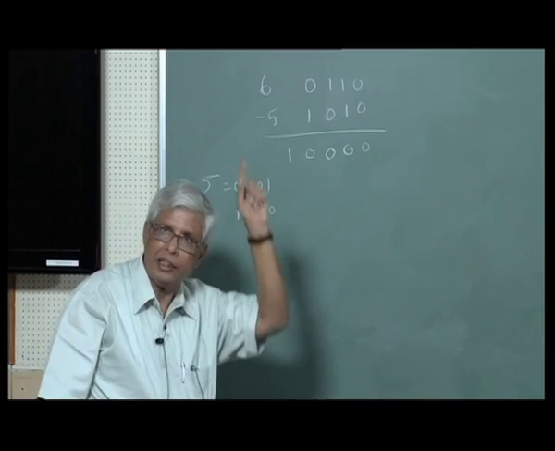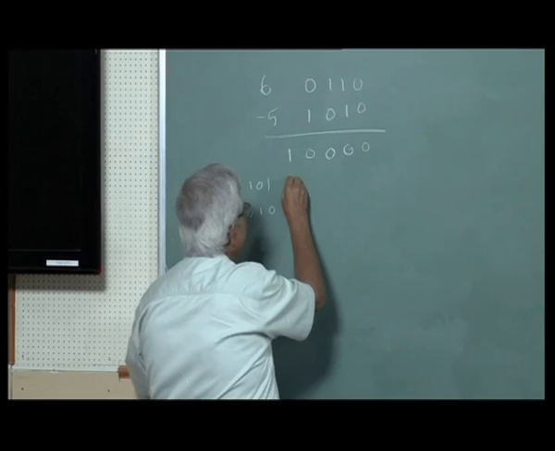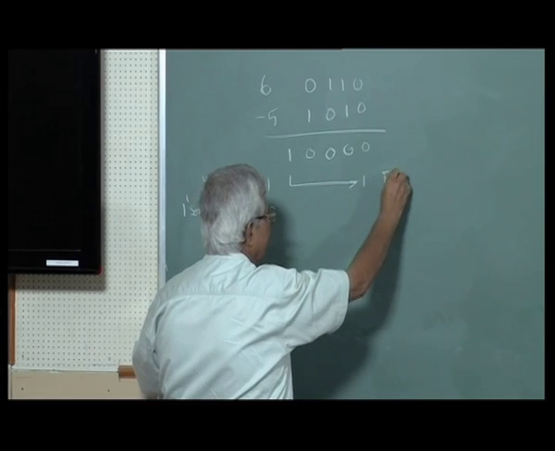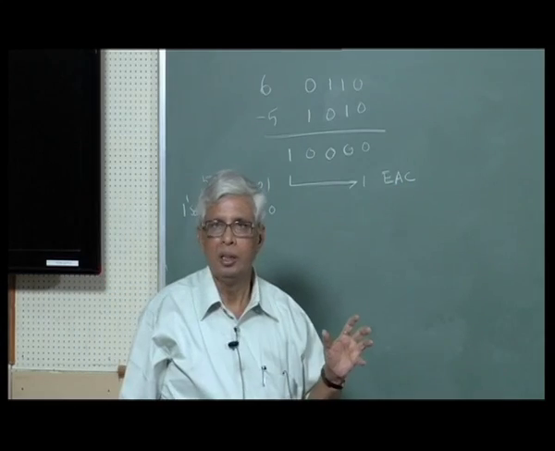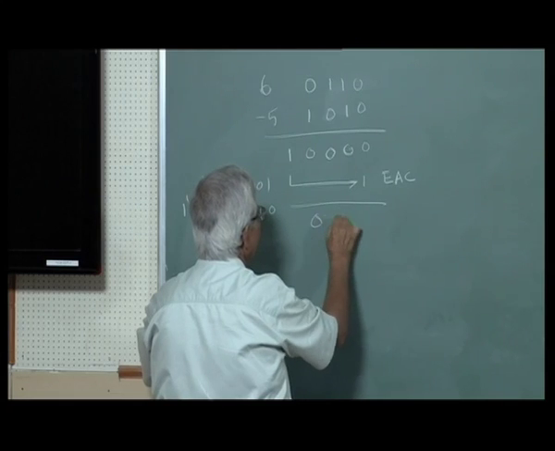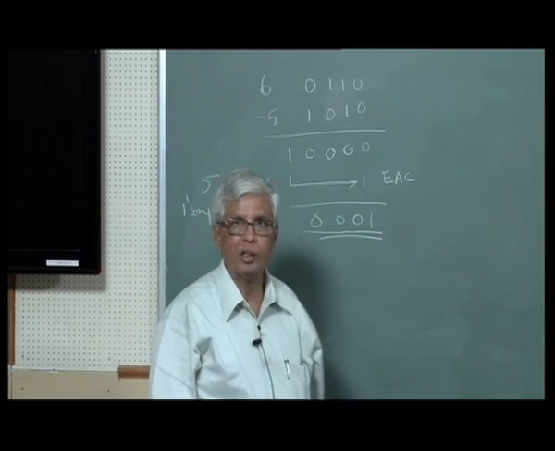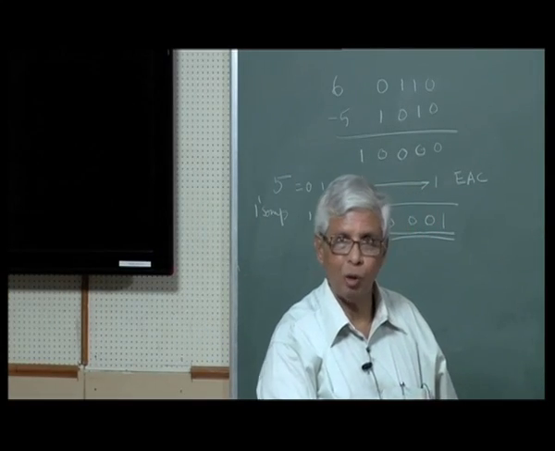That 1 we did not add will now be added into this. This is called EAC, end around carry. So you add this, and this is what you wanted. 6 minus 5 is 1. Okay? It's not magic. That 1 has to be added somewhere.